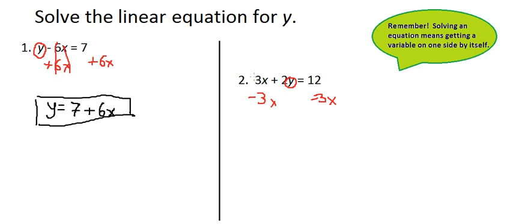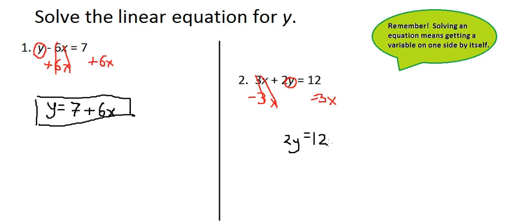Alright, over here, this 3x minus 3x is going to cancel, and so on this side we just have left 2y. And then over here we have 12 minus 3x. We cannot combine those. Again, this term does not have an x, this term does have an x, so we can't simplify that, and we just write it down exactly as it is.